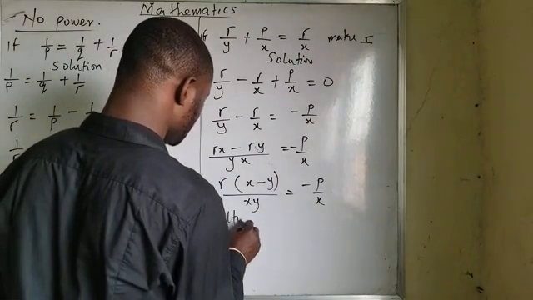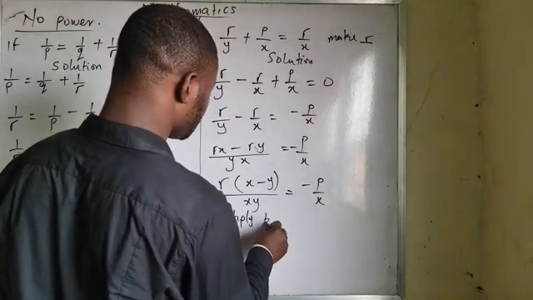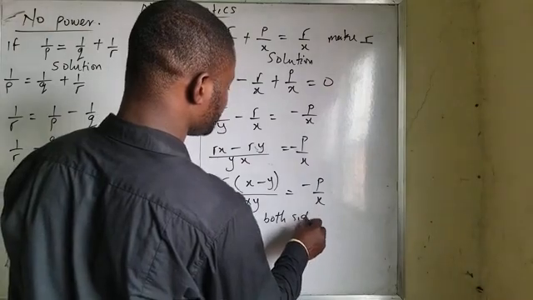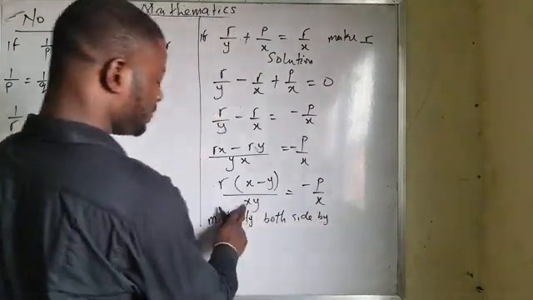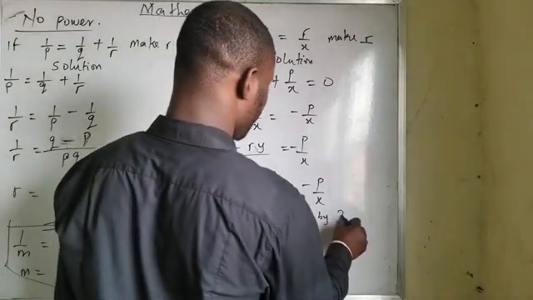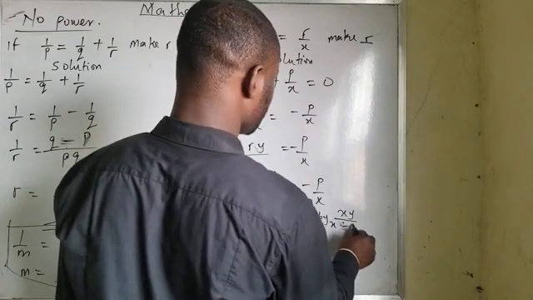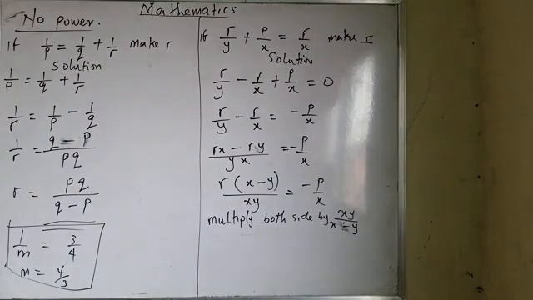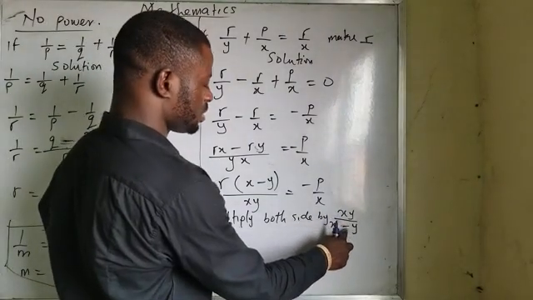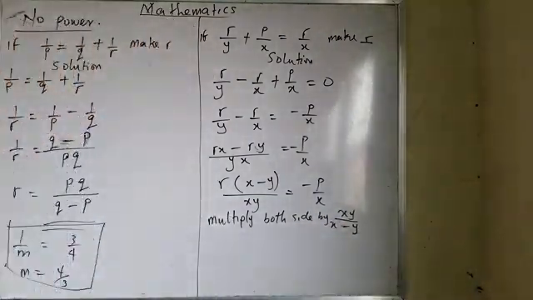Now, with this, I will multiply both sides by the reciprocal of this, which is XY all over X minus Y. Not plus, that's minus Y, sorry. Now, that's what is called reciprocate.